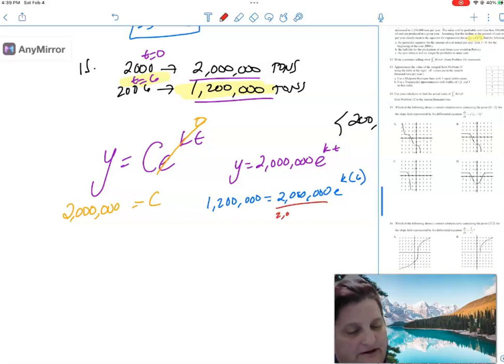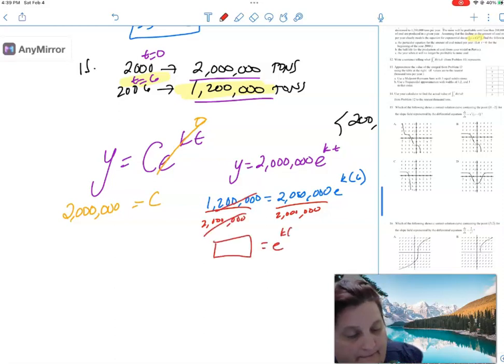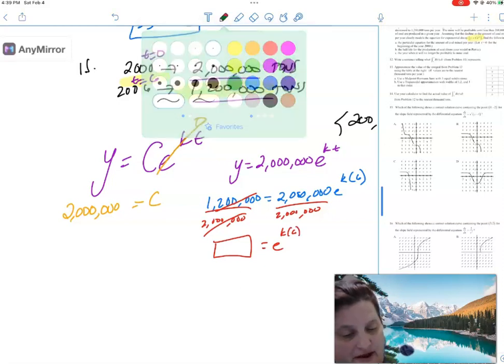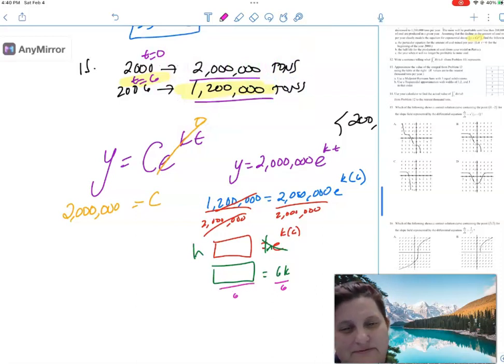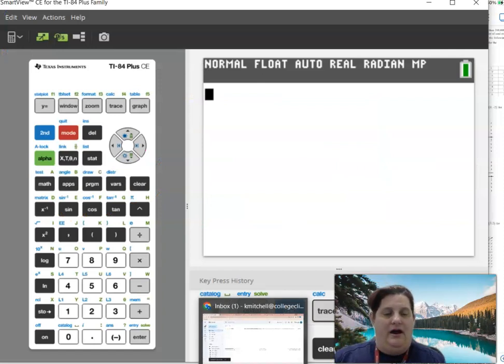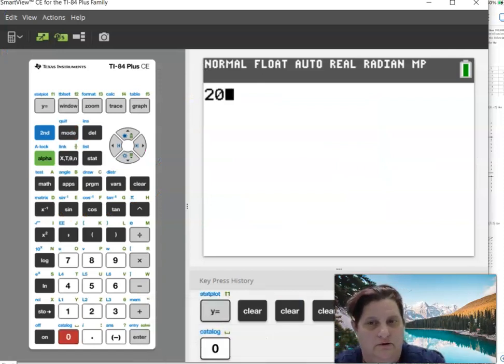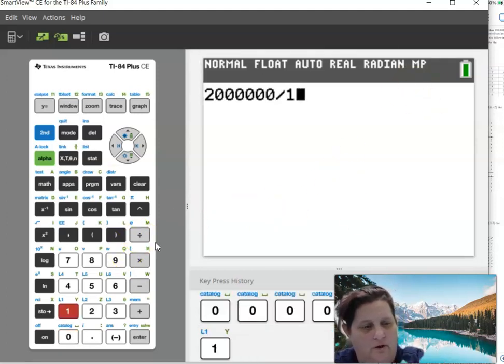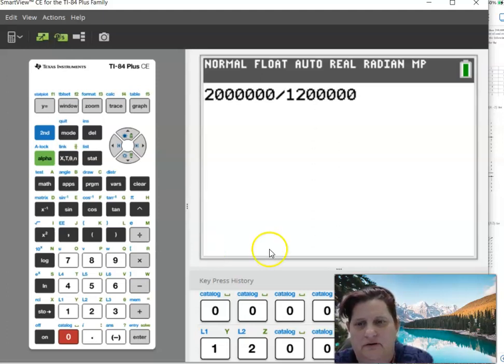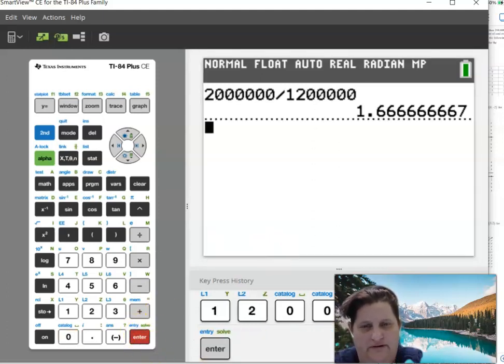I'm going to divide by 2 million, and I'm going to get something. And then I'm going to ln both sides, and I'm going to get something. And then I'm going to divide by 6. Those are the steps I'm doing. Let me go do it on my calculator. So I have 2,000,000 divided by 1,200,000, and I got 1.666 repeating.